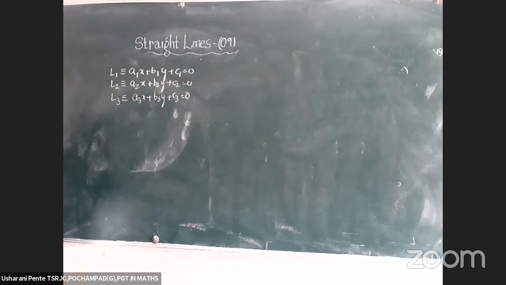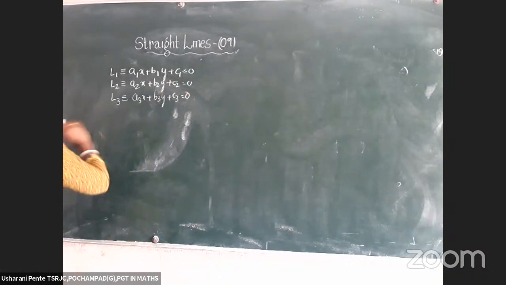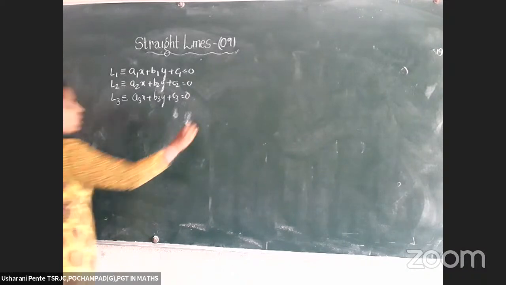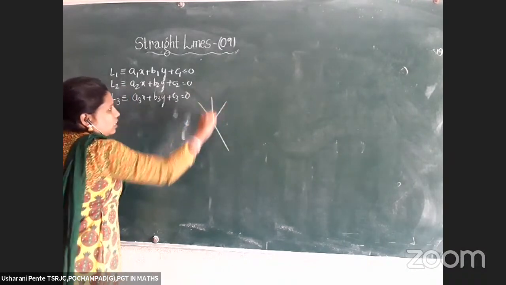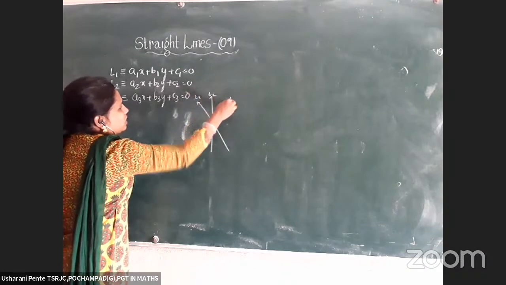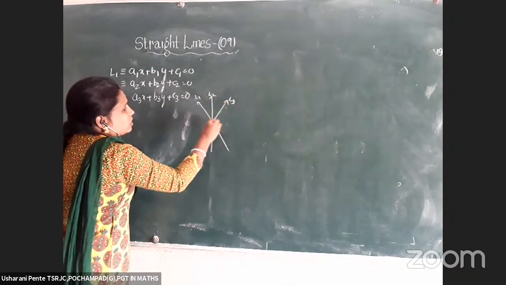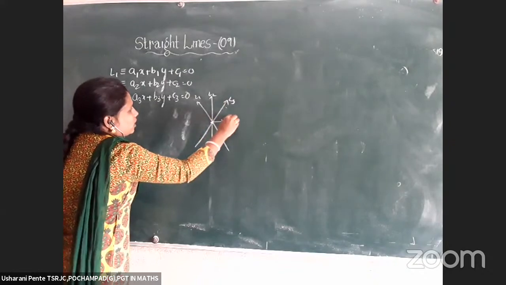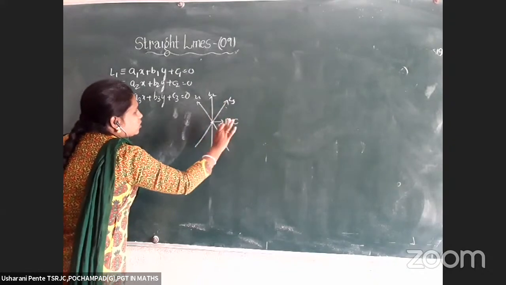What they are asking us to prove is that these three lines L1, L2 and L3 are given, that is, the point of concurrence.